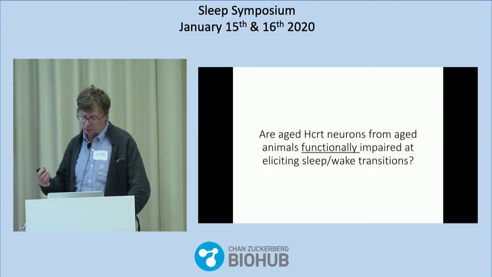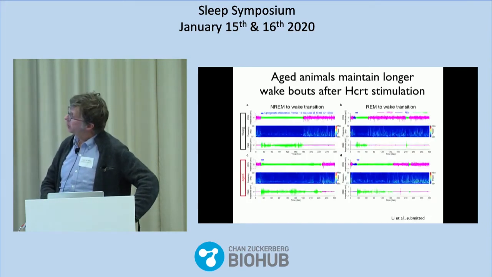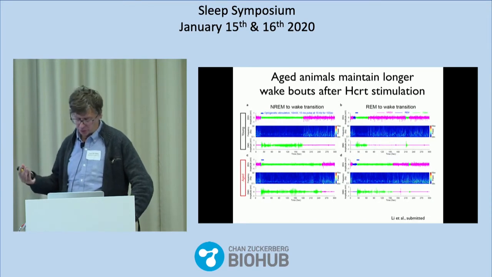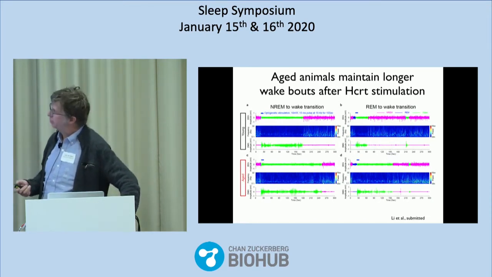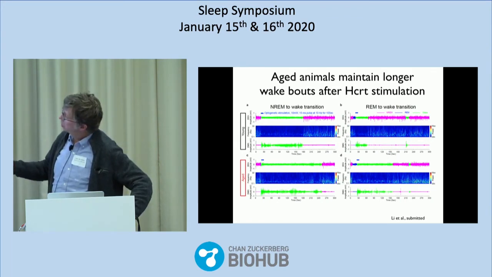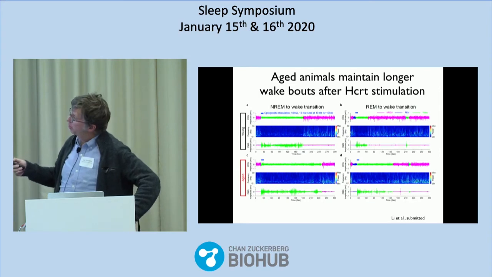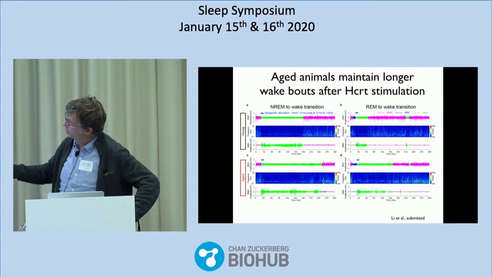Are they impaired at eliciting sleep-to-wake transitions? We looked at that by using optogenetics, as we've done in the past 15 years. We looked at optogenetic stimulation of hypocretin neurons in the lateral hypothalamus in young and aged animals. What we observed was that aged animals could elicit sleep-to-wake transitions very, very efficiently.